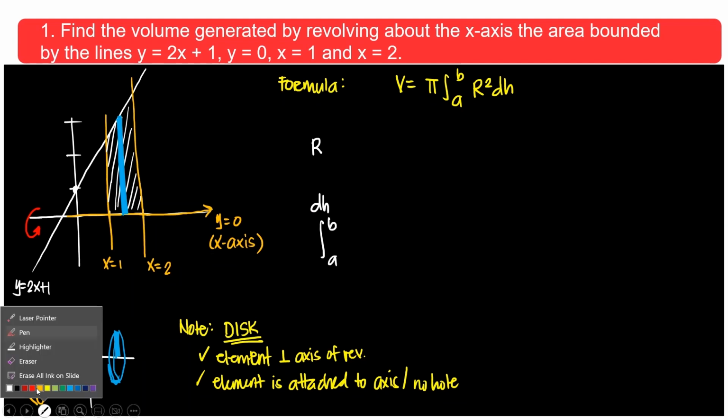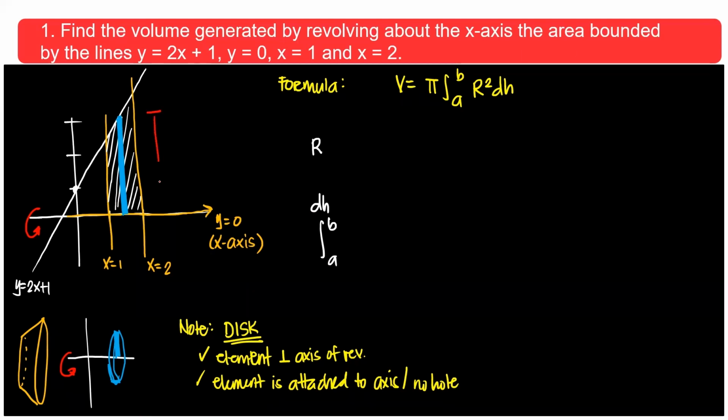So let's label back. From the outermost point up to the axis of revolution, that is my radius. Now this thickness is my dh. It so happened that my dh is actually a dx. So I would write here dx first.